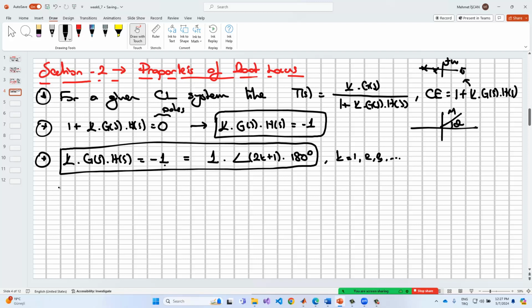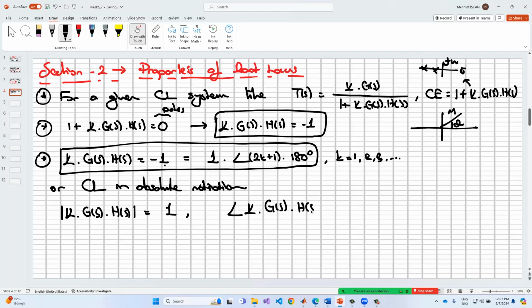In the closed loop form, in absolute notation, we have k times G(s) times H(s) equals 1, and the angle of k times G(s) times H(s) must be equal to (2k plus 1) times 180 degrees in here.